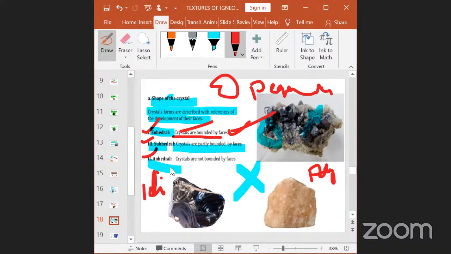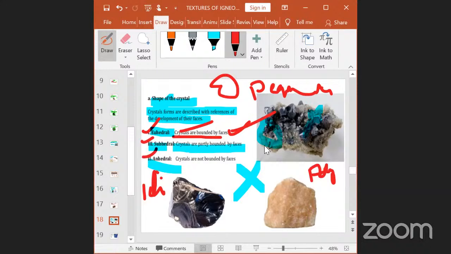Subhedral refers to crystal forms with partly developed crystal faces or grain boundaries. Here, hypidiomorphic granular texture consists dominantly of mineral grains with partly developed or subhedral shape.